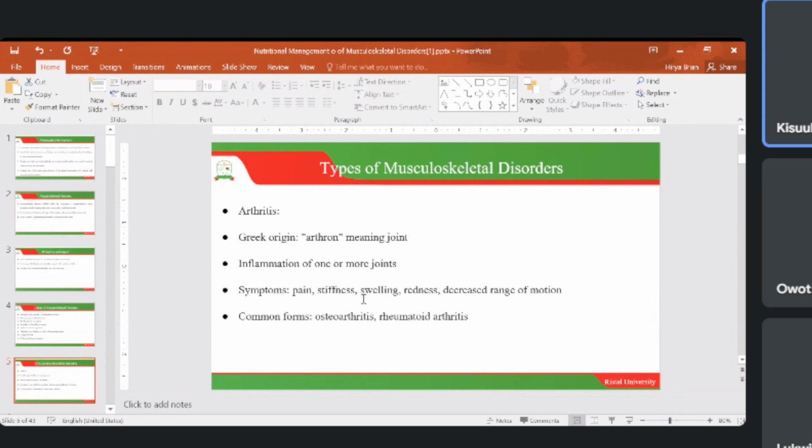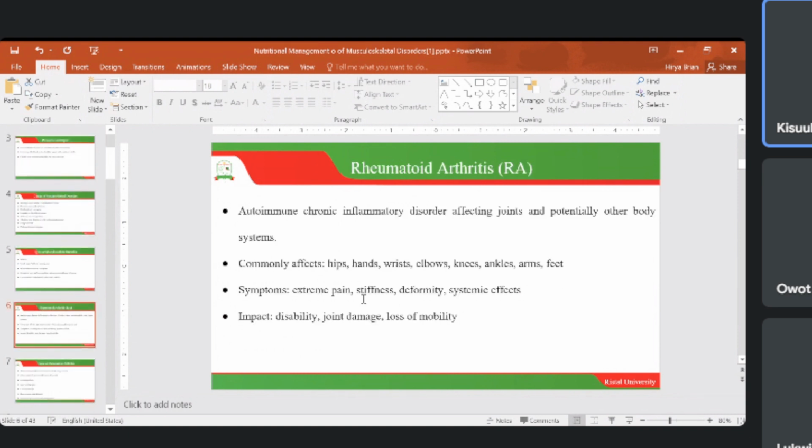And we will see that there are different types of arthritis, such as osteoarthritis, rheumatoid arthritis, and psoriatic arthritis, and all these have different cases, different ways in which they are treated, and different impacts on the individual who is suffering from them.